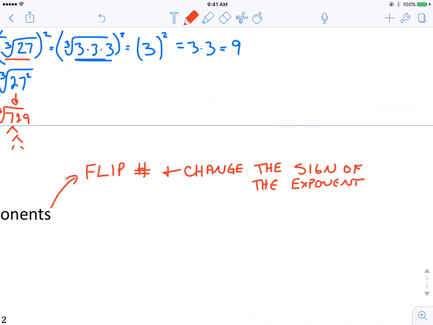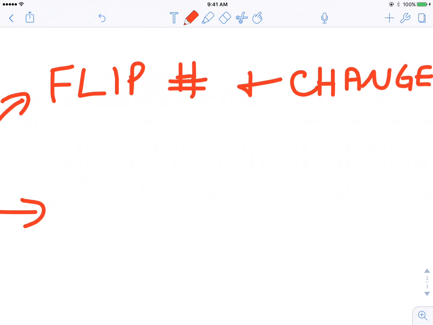Sometimes you'll have negative exponents in final answers, which we can't have, so we have to change that.